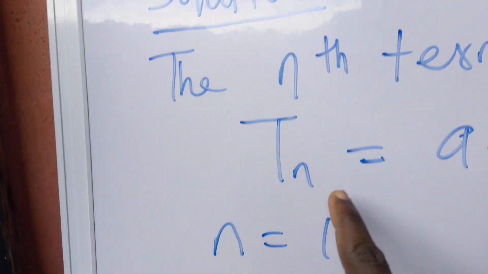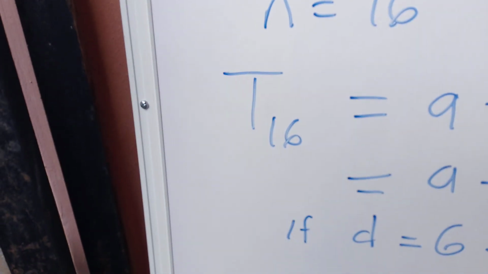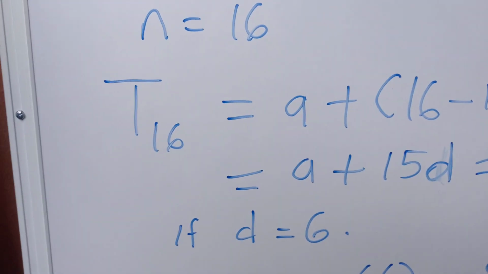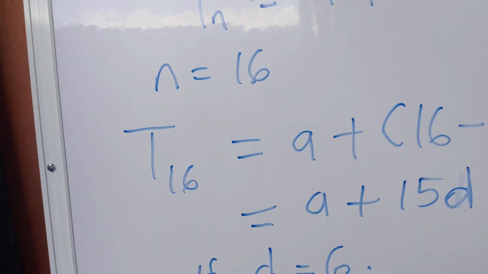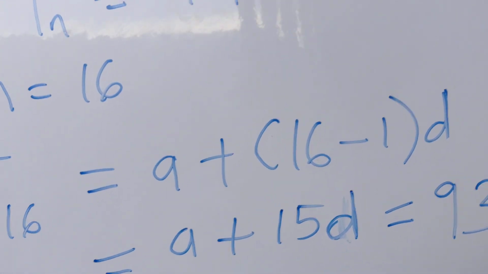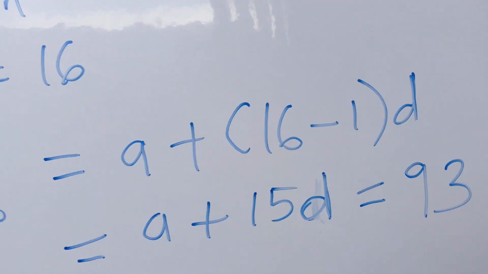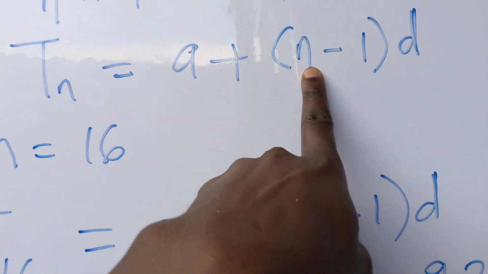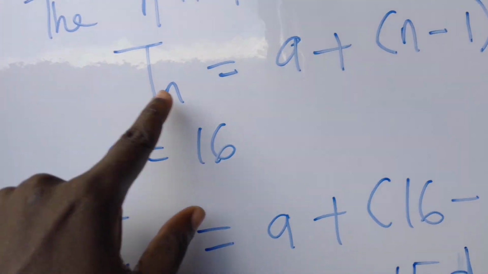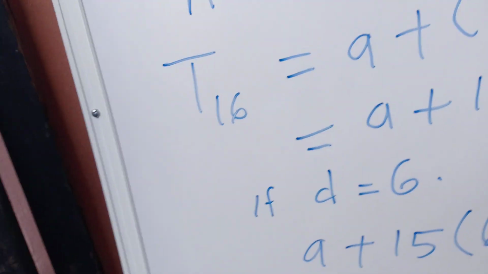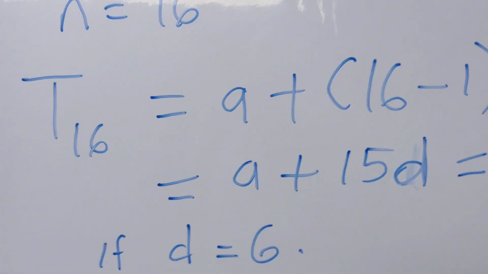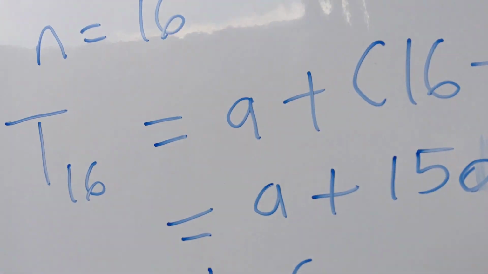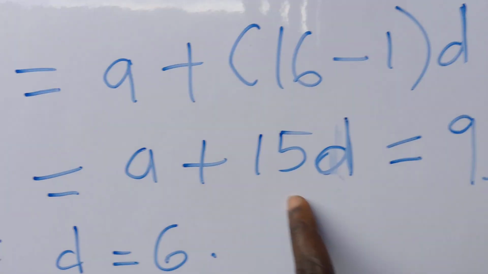It means that in place of n, I write 16, and I substitute this with 16 as well. So I'm having T16 equals a plus 16 minus 1, which gives you 15, and 15 times d is 15d.